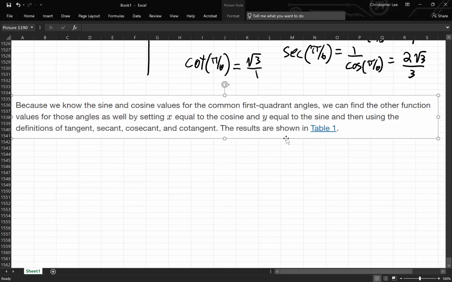So because we know the sine and cosine values for the common first quadrant angles, we can find the other function values for those angles as well by setting x equal to the cosine and y equal to the sine, and then using the definition of tangent, secant, cosecant, and cotangent, right? Here's the result.